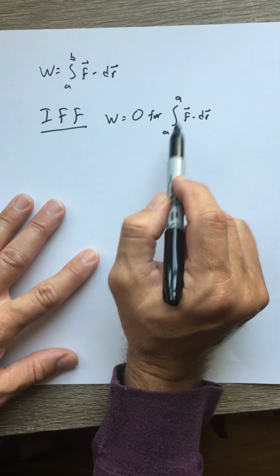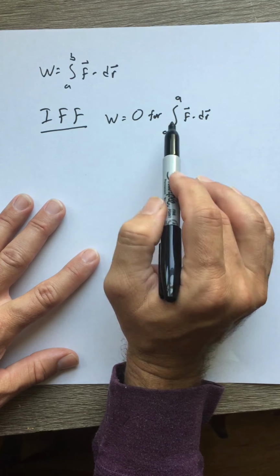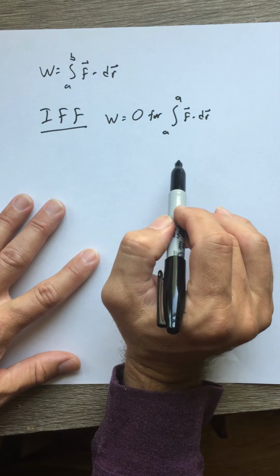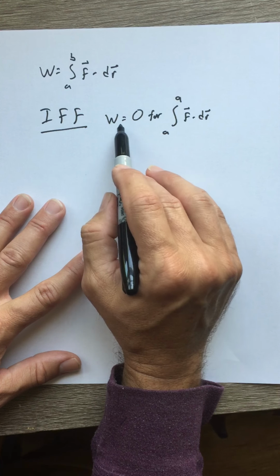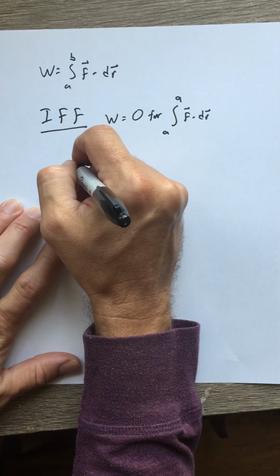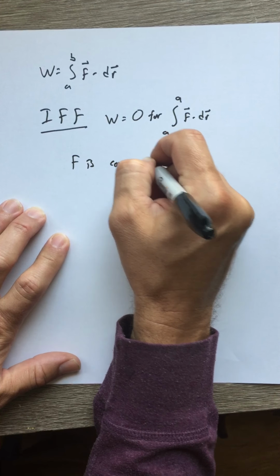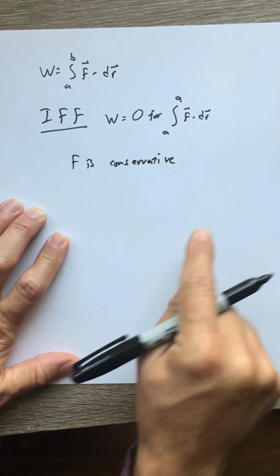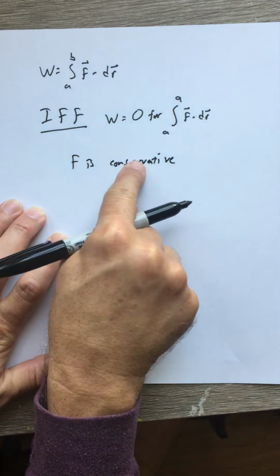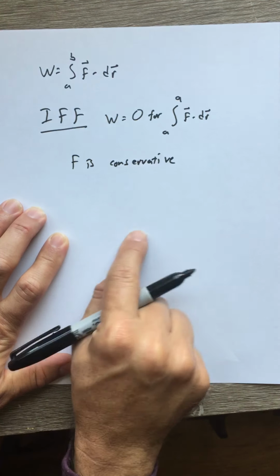You start out at point A, and you end up at point A. If that's the case, and you have work equal to 0 for that, then we say that F is conservative. That is, the work done does not depend upon the path.